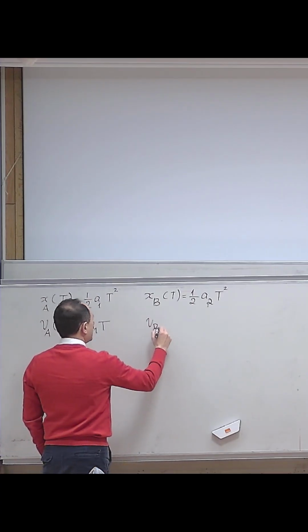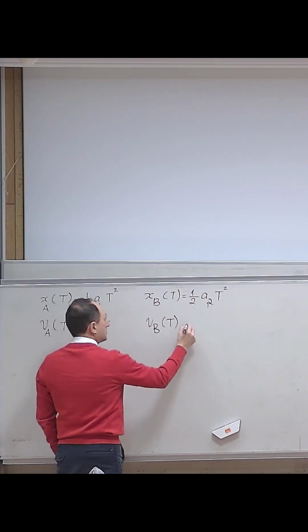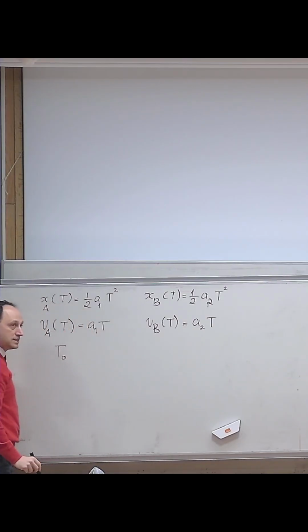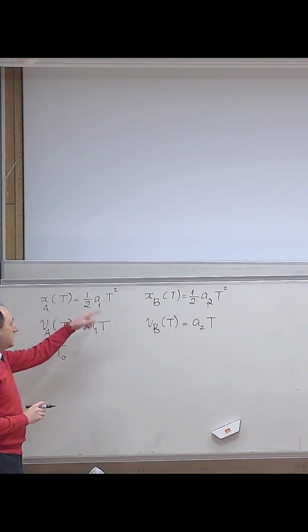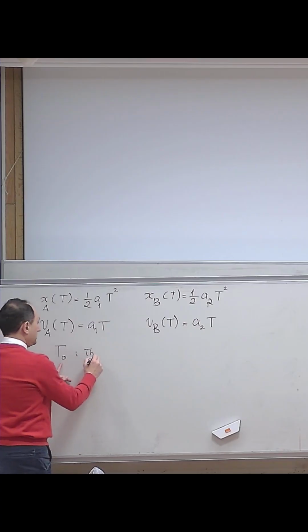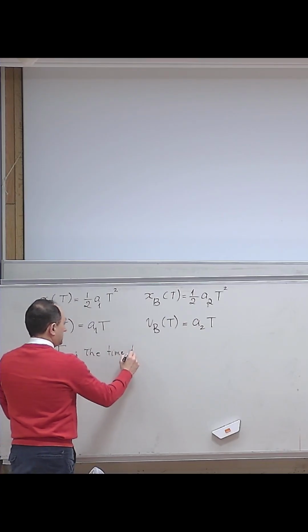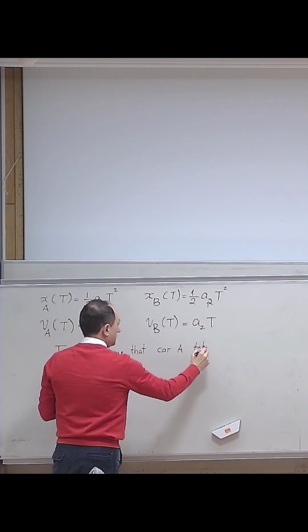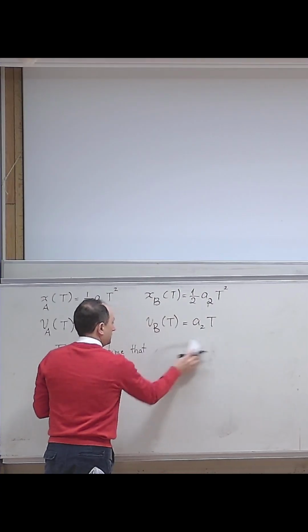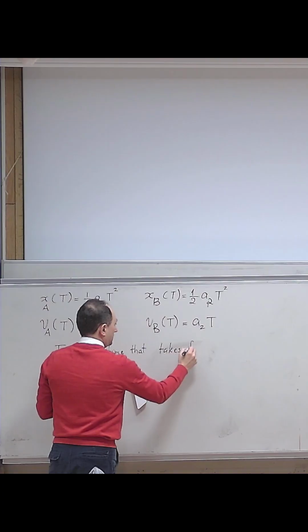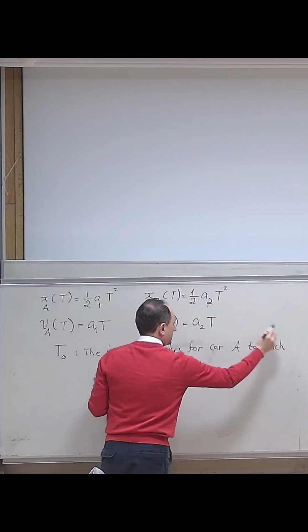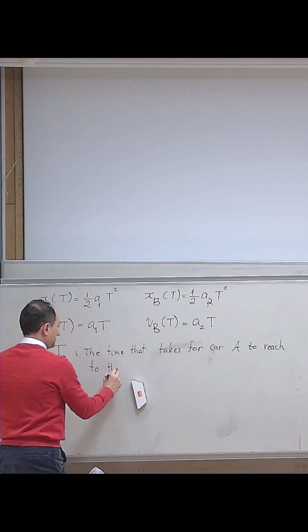And for this car, I can also write v of b at T is equal to a sub 2 times T. But now let's say that t naught is the time that it takes for car A to reach the end of the course, okay?